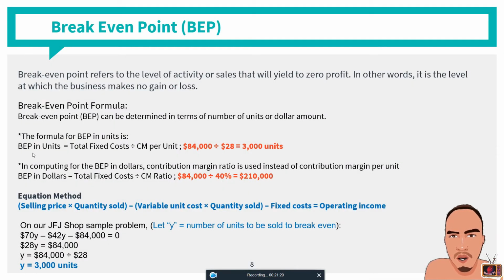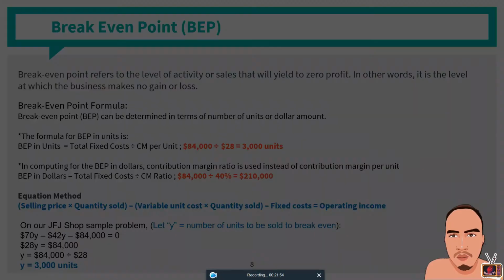Total fixed cost in units, we produce 3,000. Then it is $210,000, the break-even point, with its amount, the amount of the break-even point with these 3,000 units.